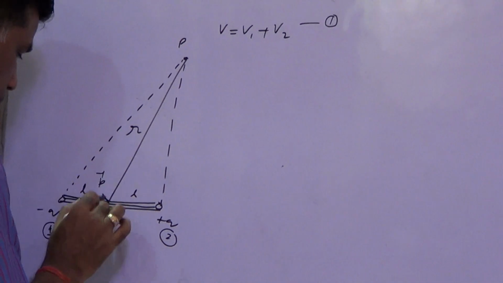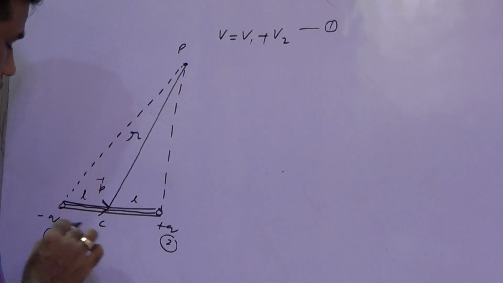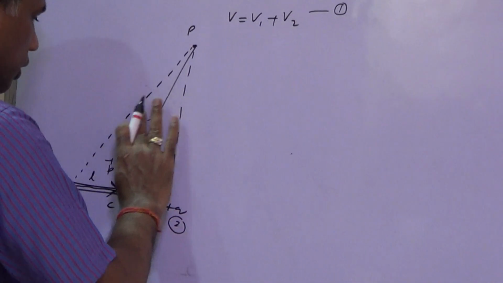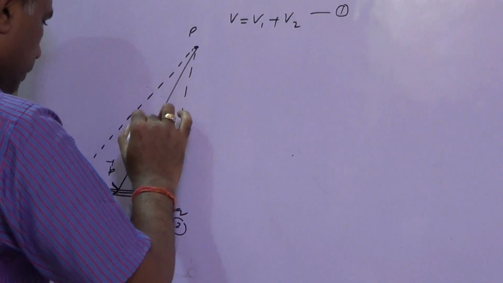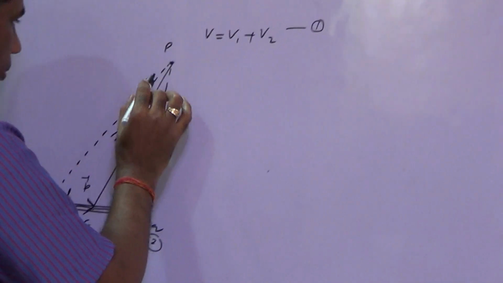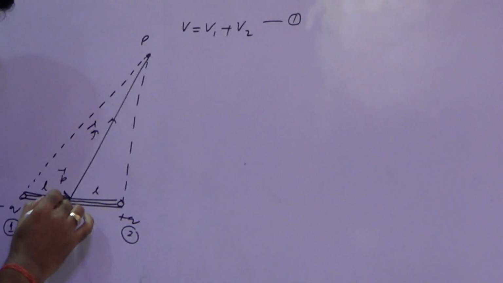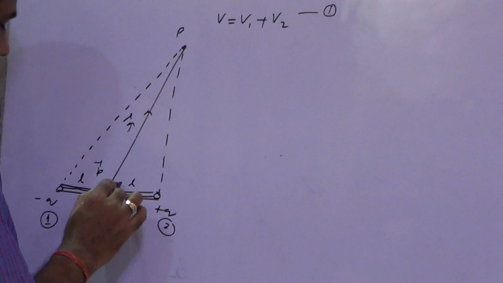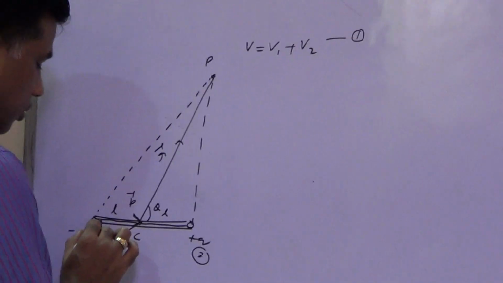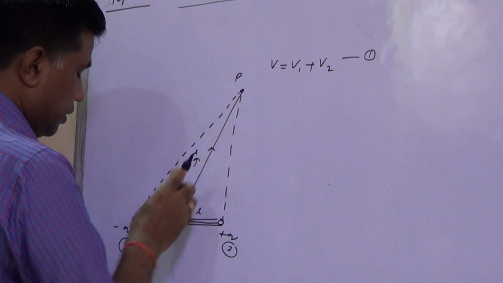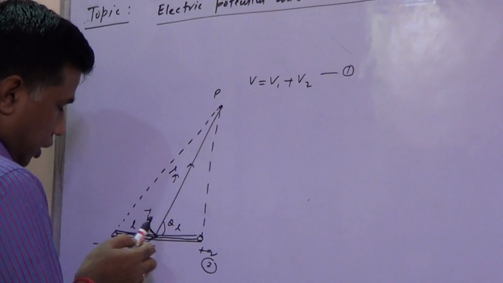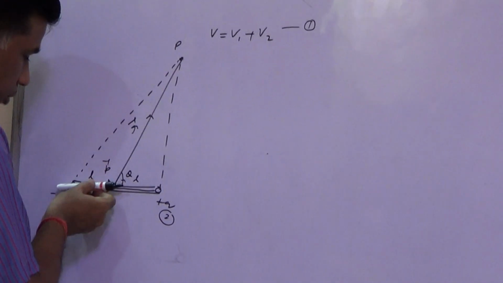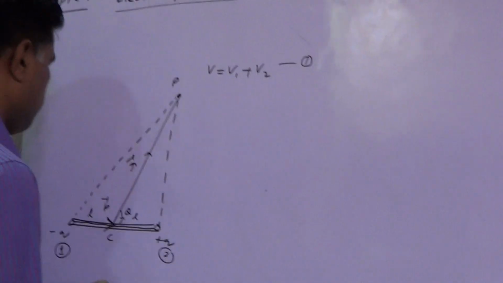This is the position vector r of point P with respect to center C. C is the center of the dipole. Let theta be the angle between vector p and vector r.